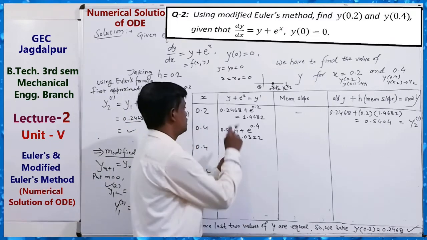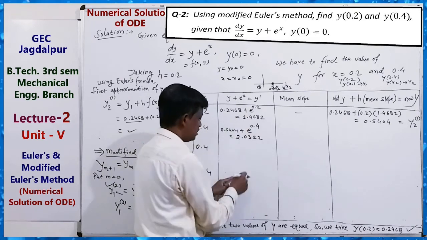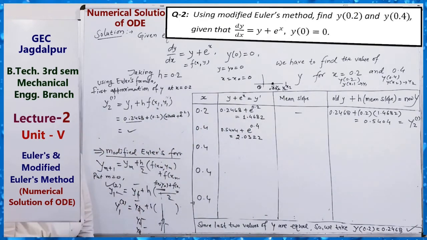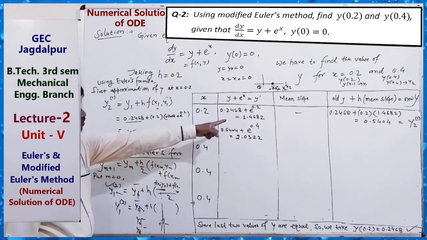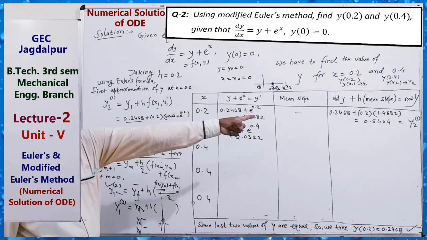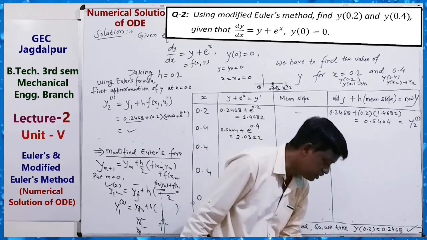Now the average of this slope, this plus this by 2, this plus this by 2, here 1, 1, 1, 1, carry over. So here, 2, 4, 6, 8 is carry over.